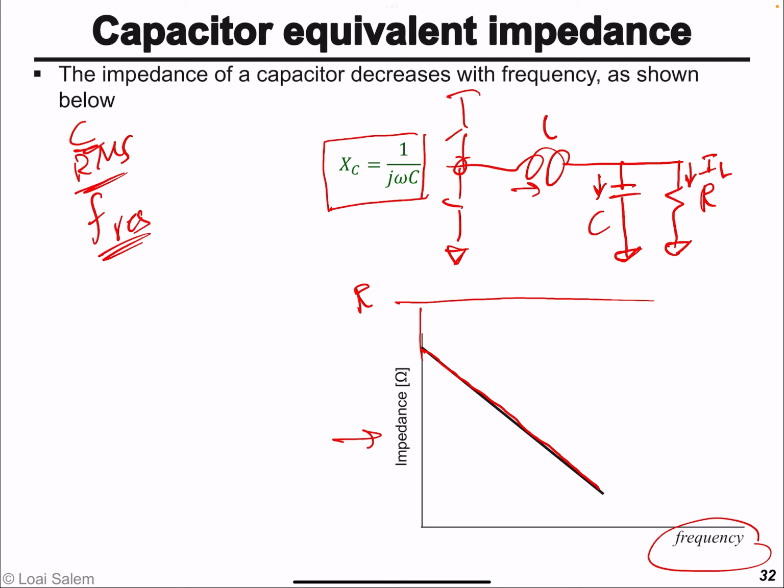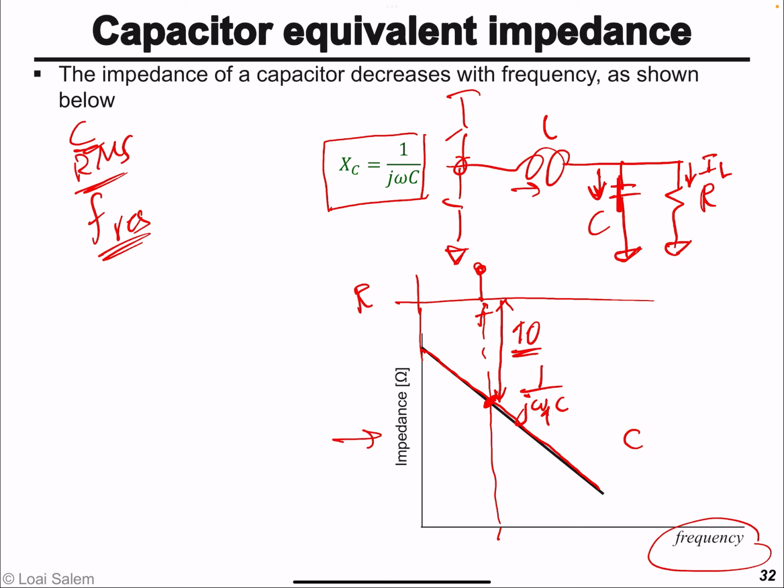So if we put this as R, whatever the value, we should select C such that at the fundamental frequency of the inductor current, the reactance of the capacitor, 1 over j omega 1 C, where omega 1 is the frequency of the fundamental component of the inductor current, is 10 times smaller than the resistance, so that all of the harmonics see the capacitor C as a short circuit.